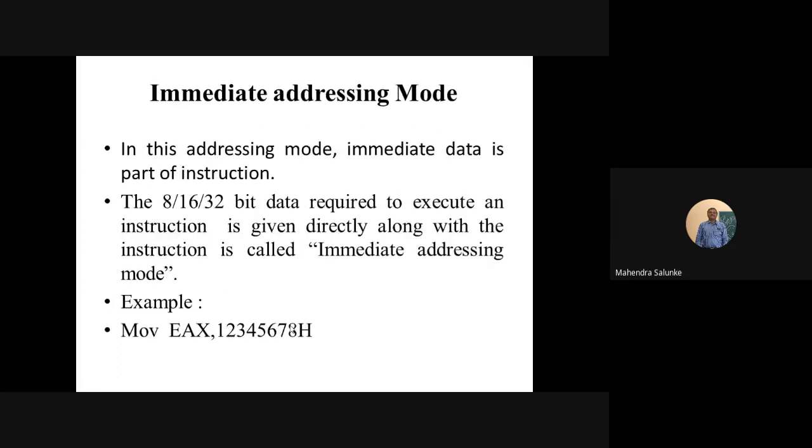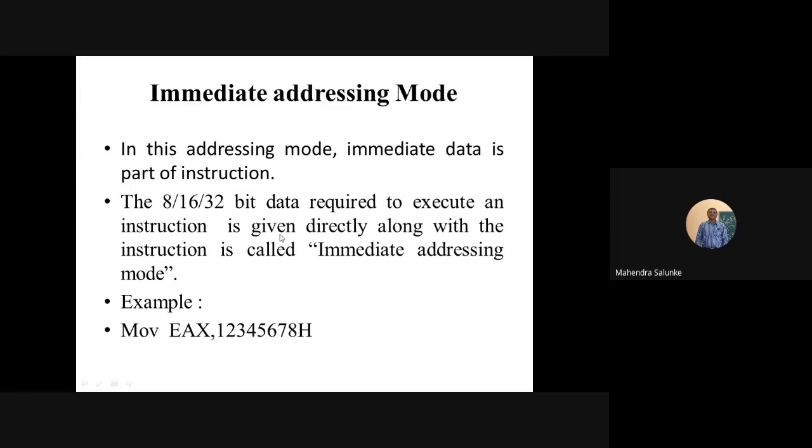Then immediate addressing mode is another interesting addressing mode. Here the data which we want to use is available within the instruction. The data in this case is a part of our instruction. How much data is possible? We can have 8-bit, 16-bit, or 32-bit data which we can use for the operations.